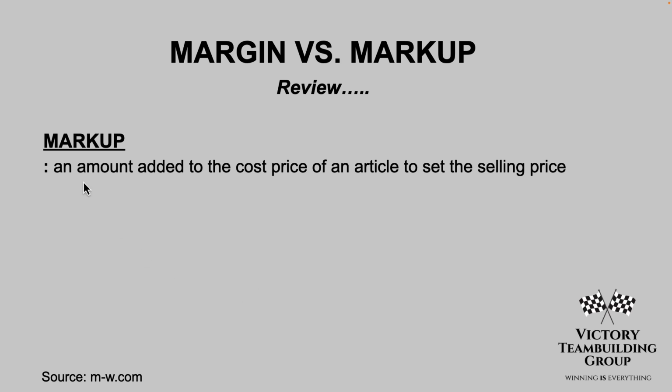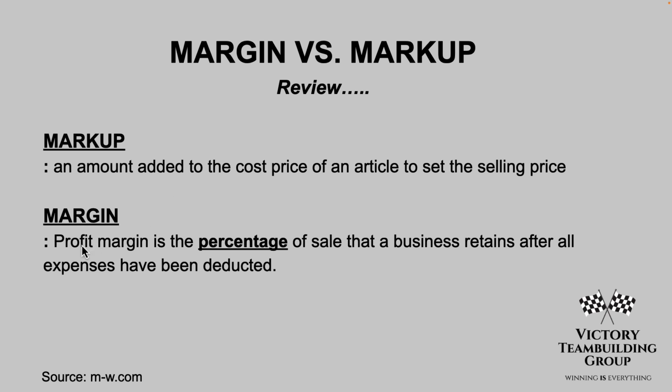It's the amount added. It could be a percentage or it could be a dollar amount. Margin, the profit margin, is the percentage of the sale that a business retains after all expenses have been deducted. Okay, so I hope this helps understand the difference between margin and markup.